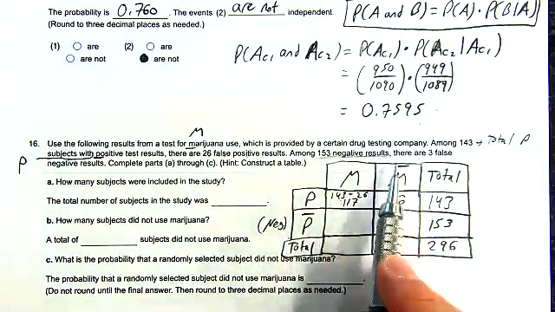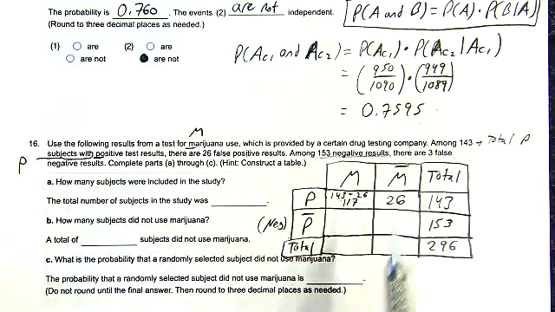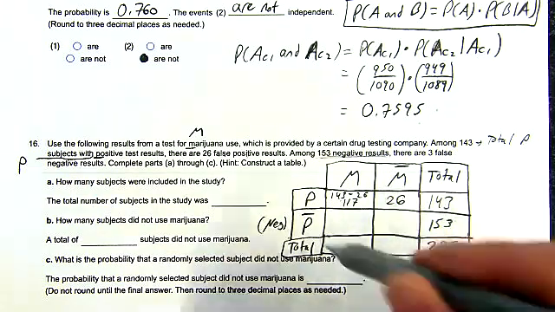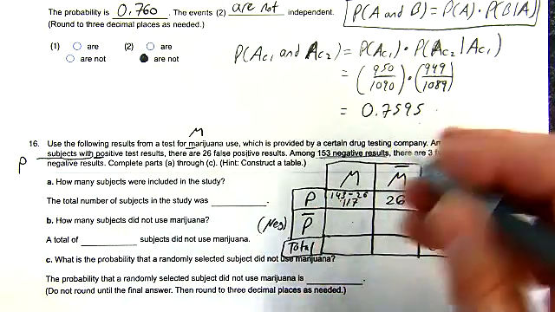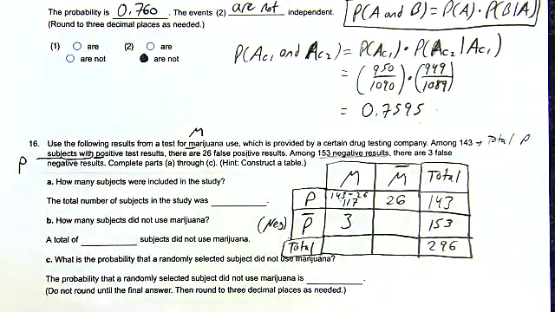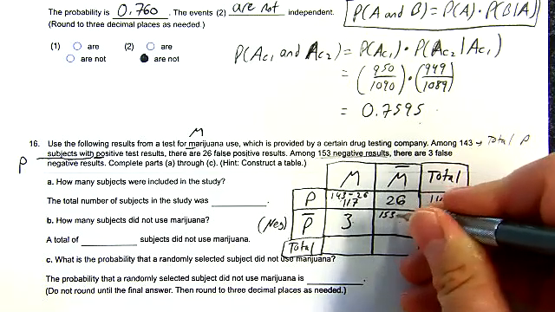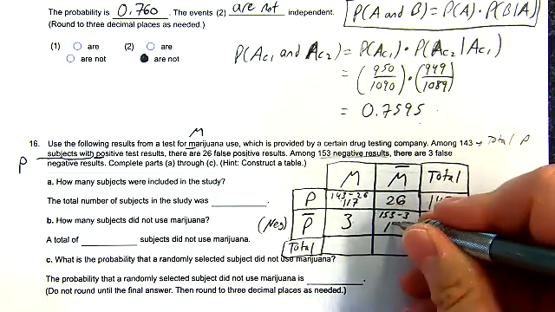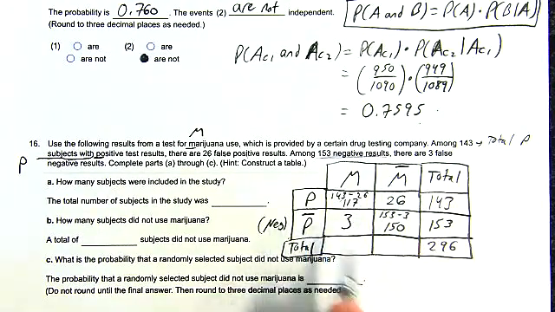Okay, now the second bit of info is there are 3 false negatives. A false negative means you tested negative for the drug, but you did use it. So this 3 goes right here. And then this square would be 153, the total, minus this 3 here, or 150 people didn't use the drug and they tested negative for it.